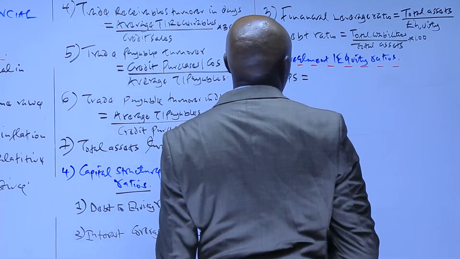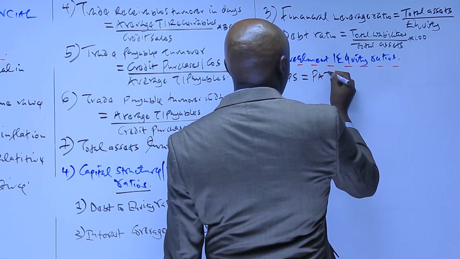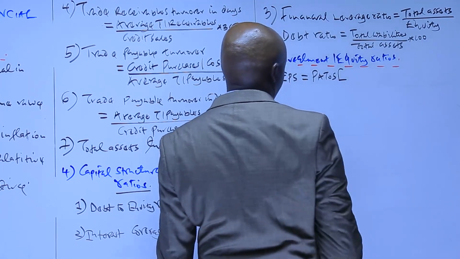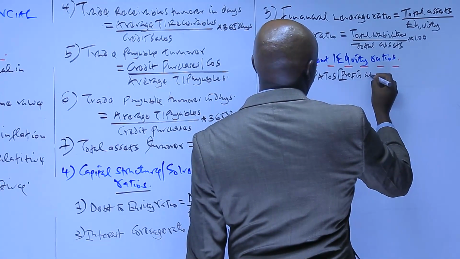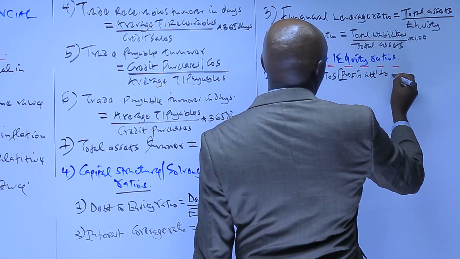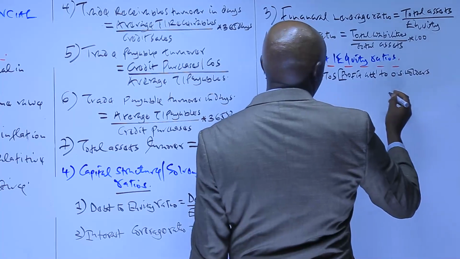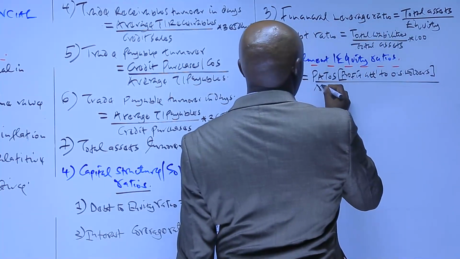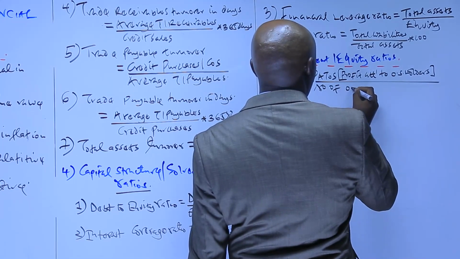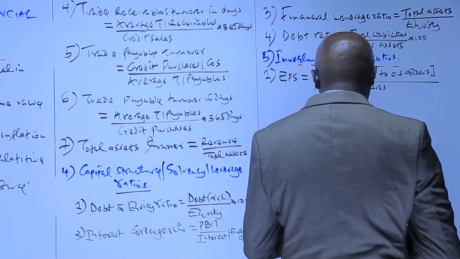Earnings per share is equal to the profit attributable to ordinary shareholders, abbreviated as PATOS, divided by the number of ordinary shares issued by the company.